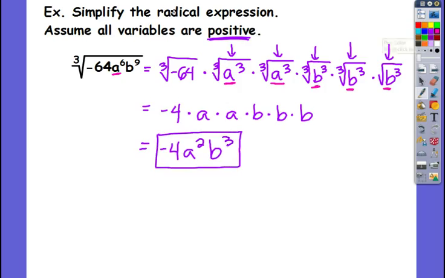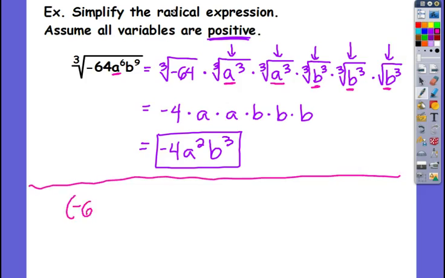Now maybe you don't want to write all of this out. There's certainly a shortcut. Think about the cube root as the same as raising something to the 1/3 power. So I'm taking negative 64 to the 1/3 power, and a to the 6th to the 1/3 power. If I have 2 exponents, a power to a power, multiply them.